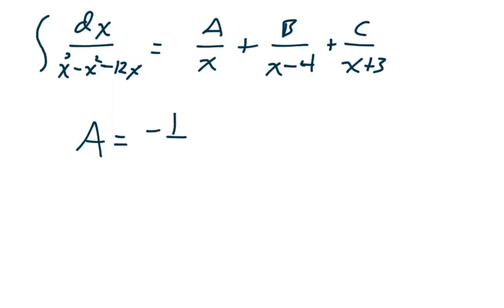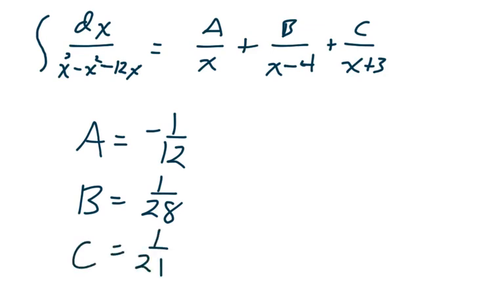Now remember, the whole premise of this is that we're trying to find the numerators to these 3 fractions, and what we need to do now is substitute these in, but ultimately, I'm going to try to do the integral. I'm going to try to do the antiderivative of these 3 fractions.